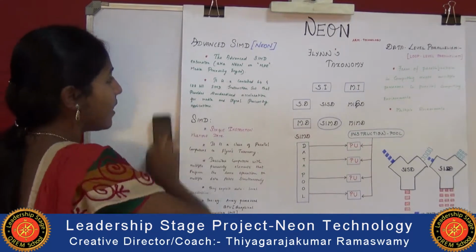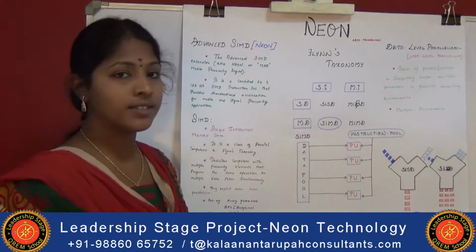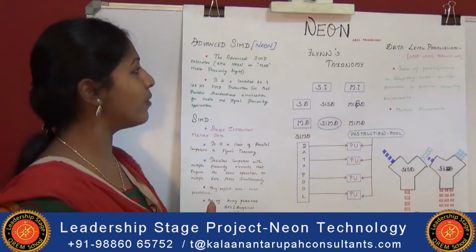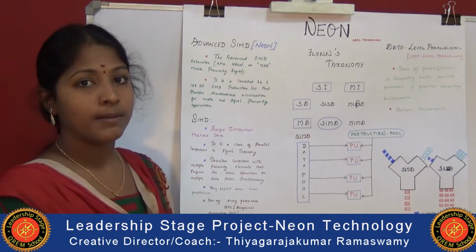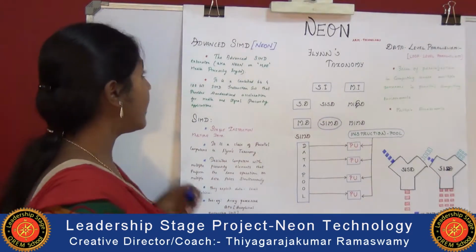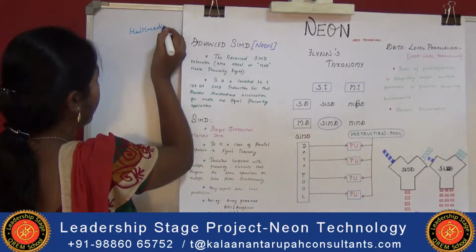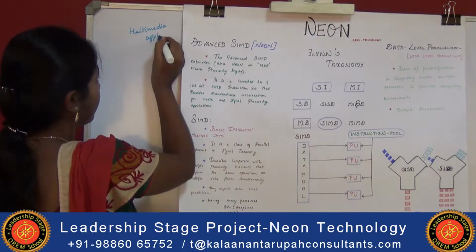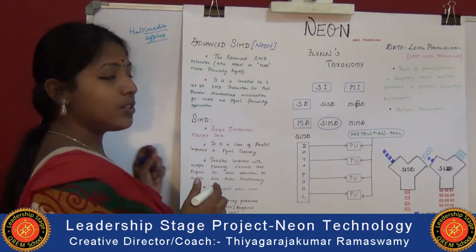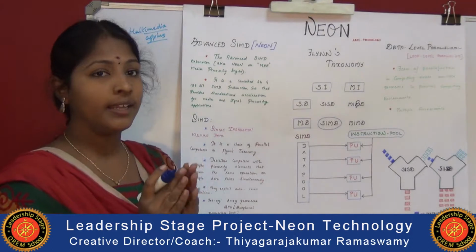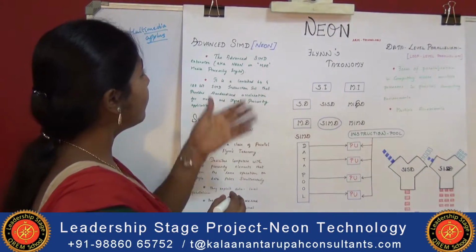This is about Advanced RISC Machine. In the ARMv7 application profile, this NEON technology is implemented, and it is mainly targeted at multimedia applications. The application of NEON is mainly in multimedia.